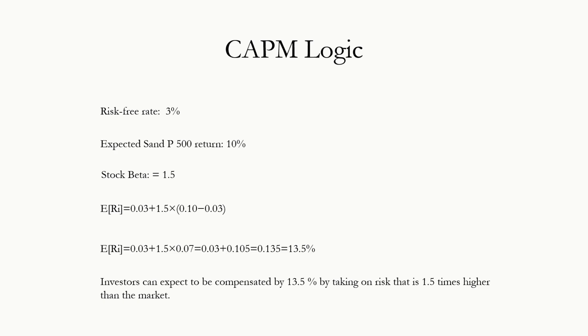So investors can expect to be compensated by 13.5% by taking on risk that is 1.5 times higher than the market, right? So I talked about earlier, if the beta is greater than 1, you're taking on more risk, but you're also probably going to make a greater return, right? When beta is equal to 1, that is the market, okay?